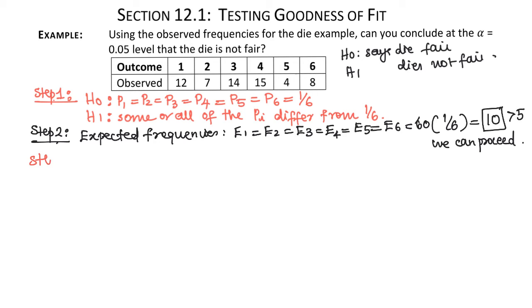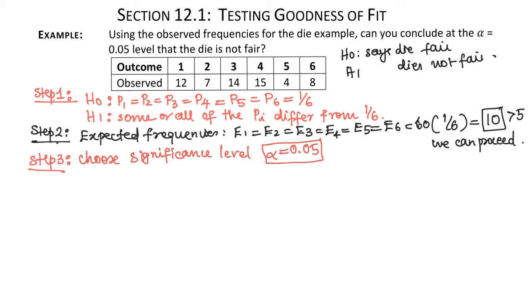Then step 3, choose the significance level. Alpha is given as 0.05. In step 4, compute the test statistic.